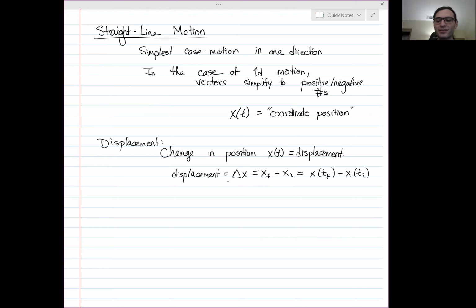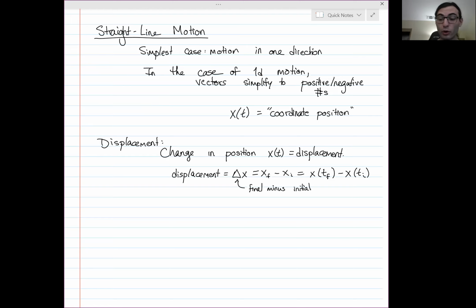So when we write delta x, it almost always means final minus initial. But generally, delta just means a difference of some sort.